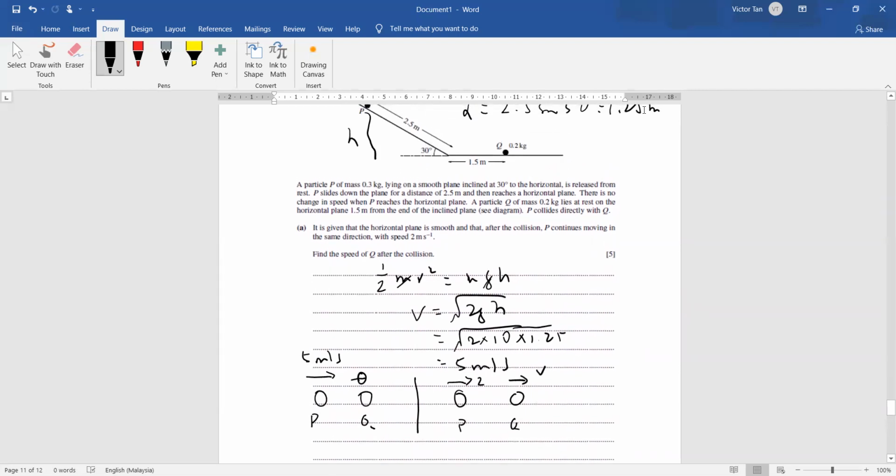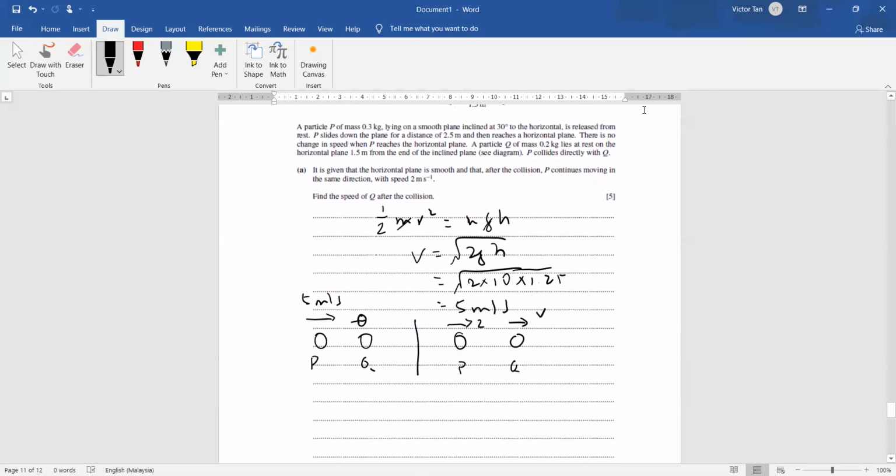P is 0.3 kilogram, Q is 0.2. Law of conservation of momentum: 0.3 times 5 plus 0, which is the momentum of Q, equals 0.3 times 2 plus 0.2 times V. V equals 4.5.